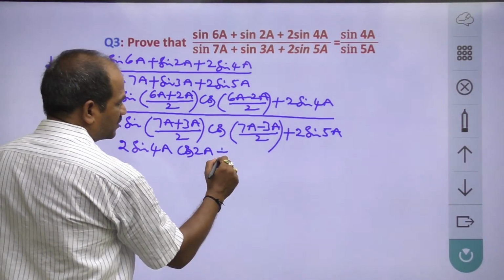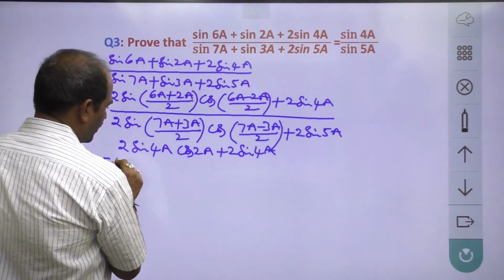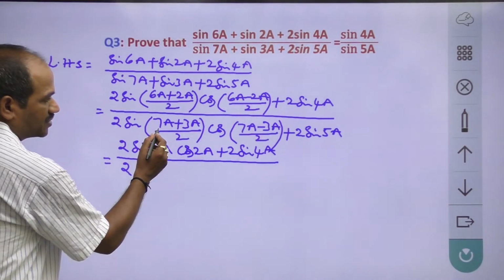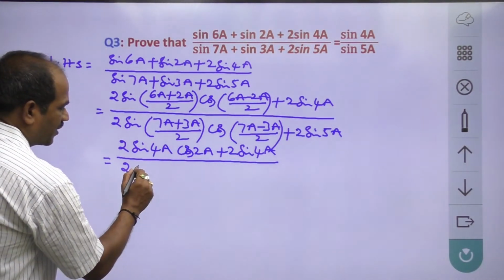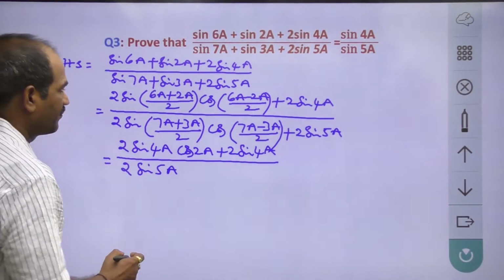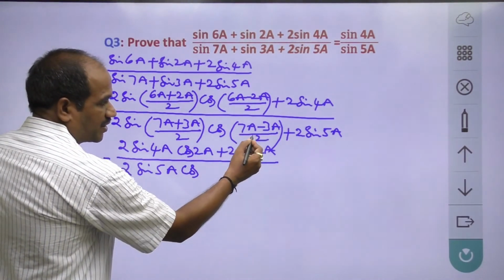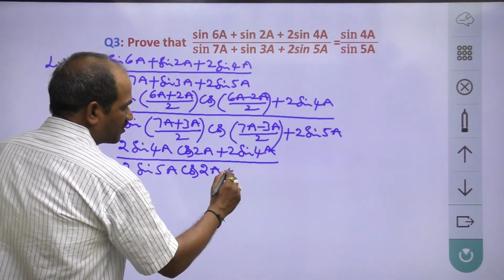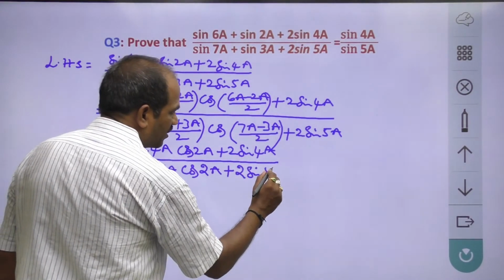Next, remaining plus 2 into sine of 4a, whole by 2 into sine of 5a, since 7a plus 3a is 10a, 10a by 2 is 5a, into cos of (7a minus 3a), 4a by 2, the 2 gets cancelled, that is 2a. Next, plus 2 into sine of 5a.